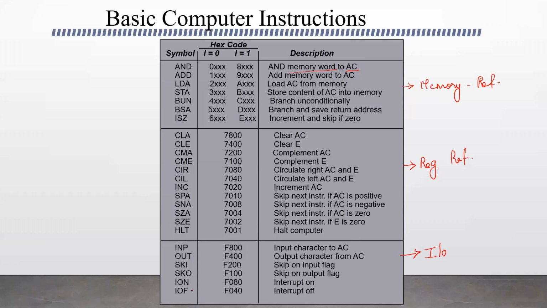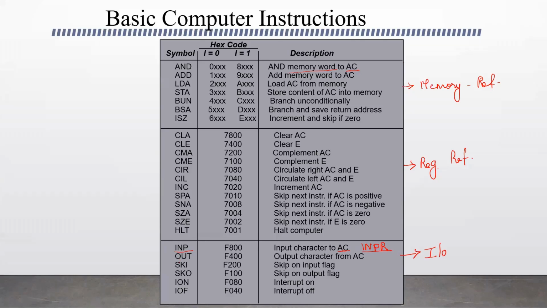And this set of IO instructions is useful for the computer to communicate with the user through the input and output devices. INP is the instruction that takes the input character from the input device and stores it to AC. The register that comes between the input device and the AC is INPR, the input register.